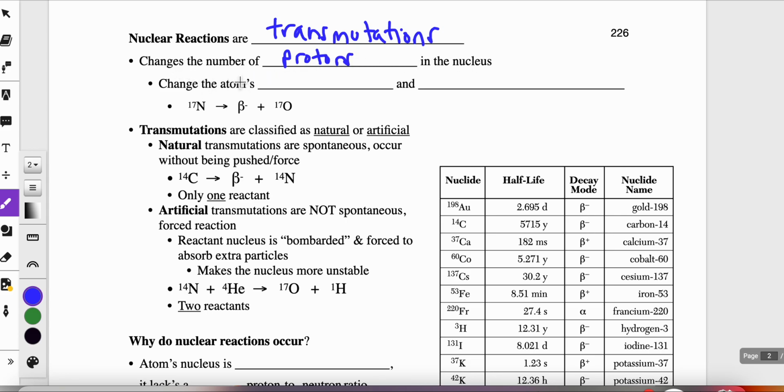And when you change the number of protons, it actually changes the atom's identity and its atomic number.